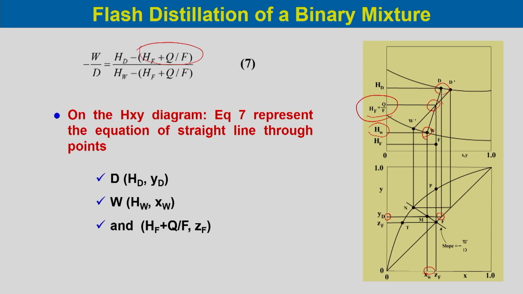If you come down from here, you have HF, and then you can come down to the 45-degree diagonal, you can have ZF. So, it is on the 45-degree diagonal and has the composition ZF.